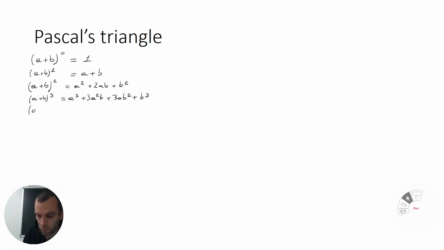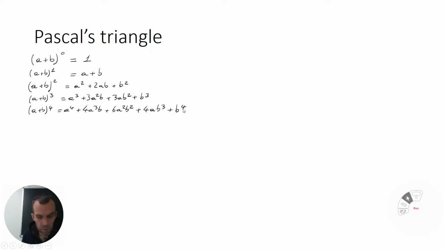We can do one more. A plus b to the power 4 is equal to a to the 4 plus 4a cubed b plus 6a squared b squared plus 4ab to the power 3 plus b to the power 4.